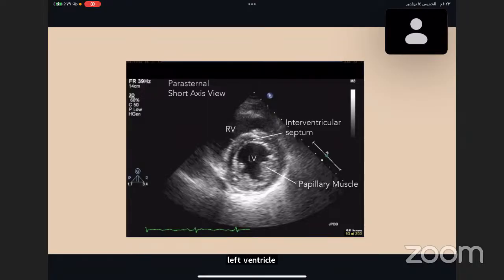We can also assess aortic size. For the aortic valve, we can see its motion and opening, and whether there is calcification or not.